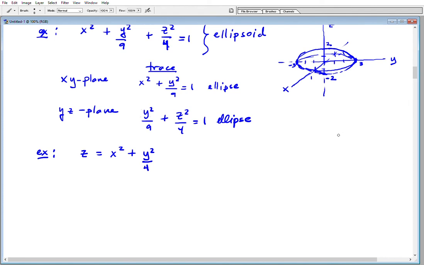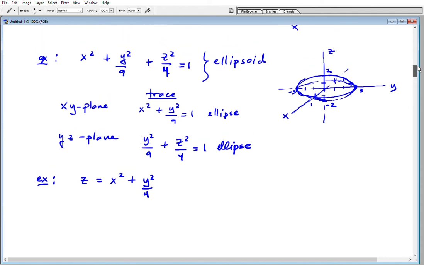Let's say the plane z equals 2 will be at level 2 and parallel to the xy plane. It's a flat horizontal plane at z level 2. So that's the plane z equals 2.